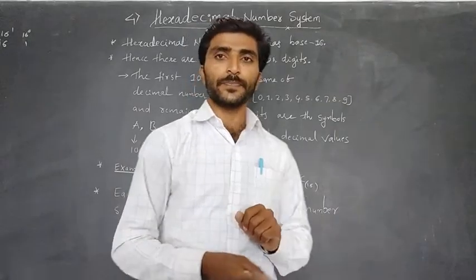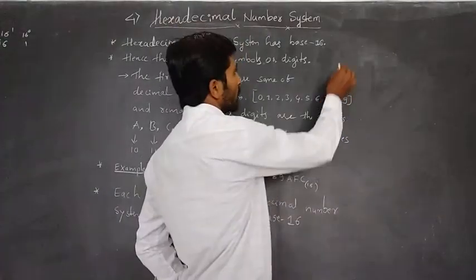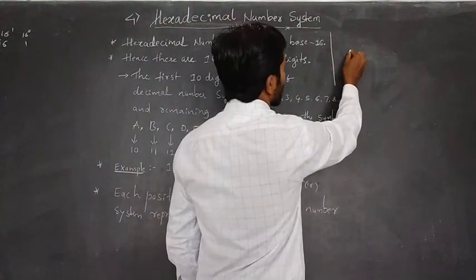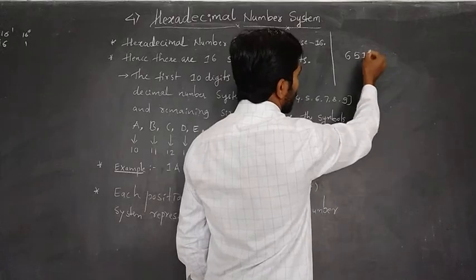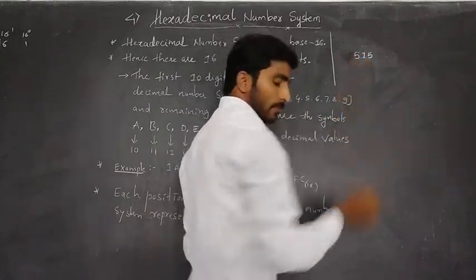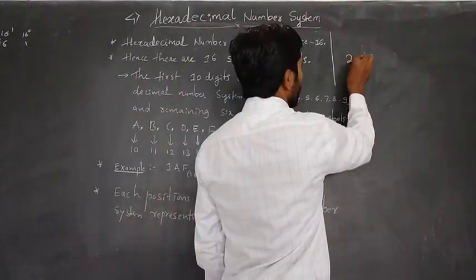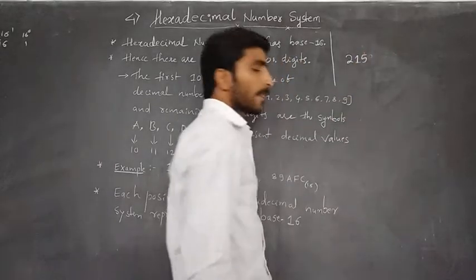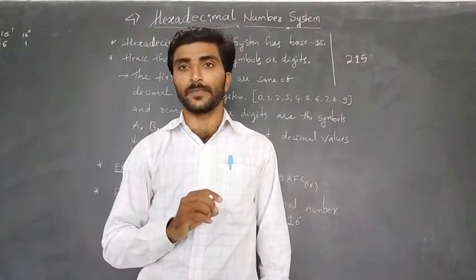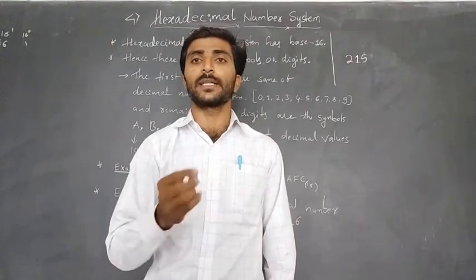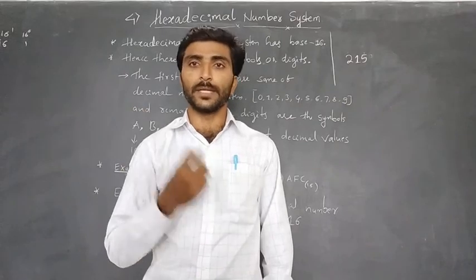Suppose you want to write a 2-digit number in hexadecimal, for example 2 and 15.